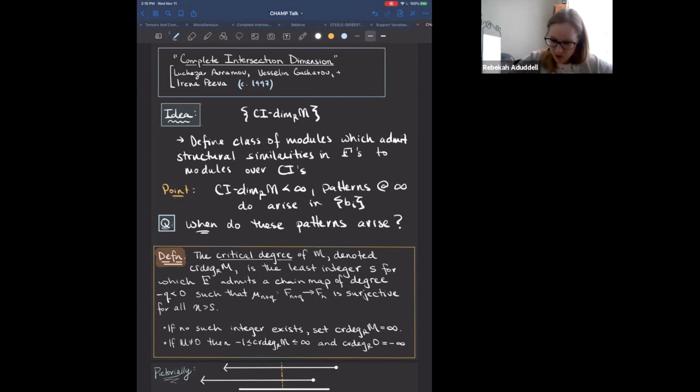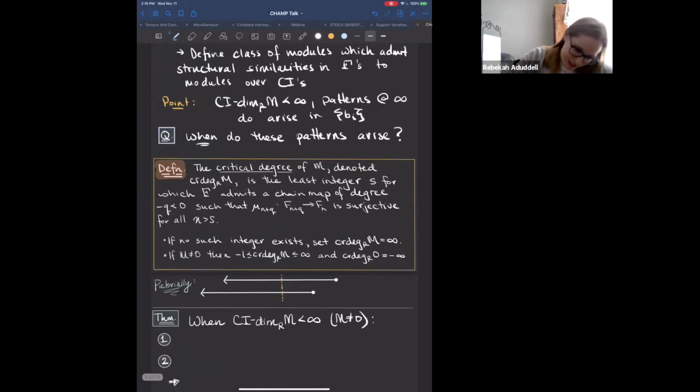The answer to this question is critical degree. If CI dimension was the star of the paper, critical degree was like the guy off to the side of the stage raising the curtain. He didn't get as much attention, but I would like to give him some attention now. The critical degree of a module is the least integer s for which the minimal free resolution admits a chain map of negative degree such that at degree n plus q, it is surjective for all n larger than s.